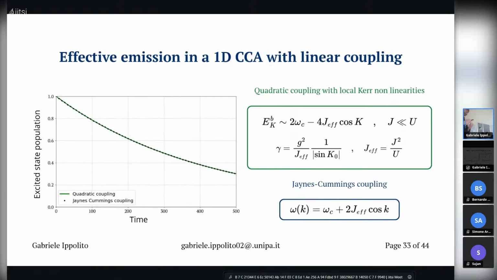The decay rate can be put in this form, where we can define an effective hopping rate given by this ratio, J squared over U. A one-dimensional homogeneous coupled cavity array whose single photon dispersion is given by this equation reproduces exactly the emission dynamics that I observe with an atom quadratically coupled to the field.